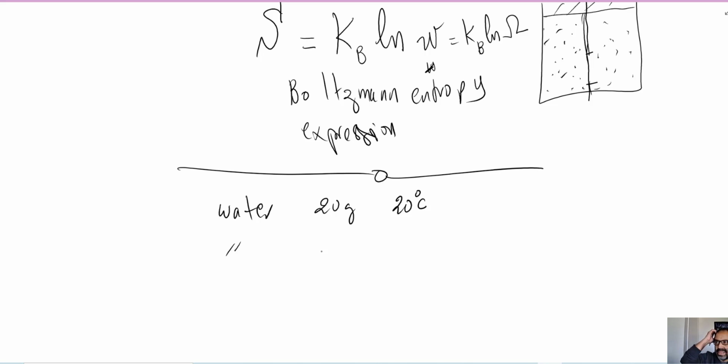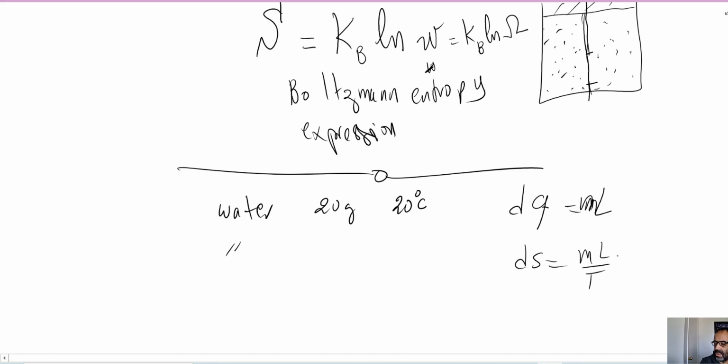Okay, but then the integral is just the integral of 1 over T, which is negative 1 over T squared. Remember, dQ during a phase transition is the mass times L. In this case I have 20 grams, so dS simply becomes mL over T, which is just a constant, so the integration over the temperature happens with the same constant.